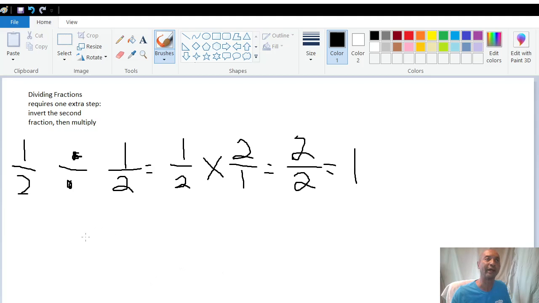Let's do another example where you have, we'll go again with the 3/4 divided by 4/5.